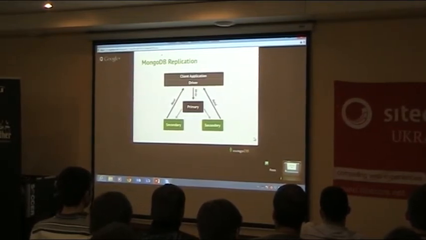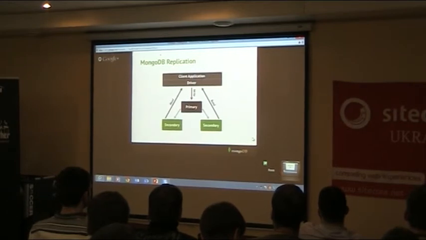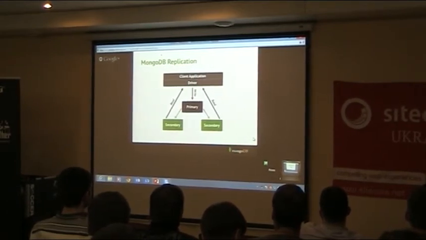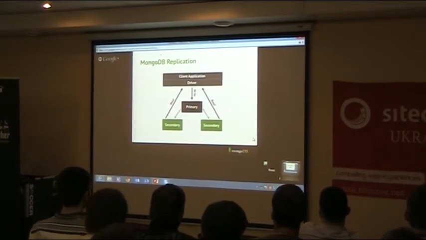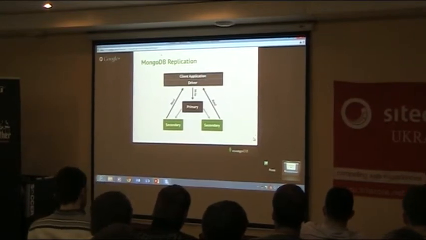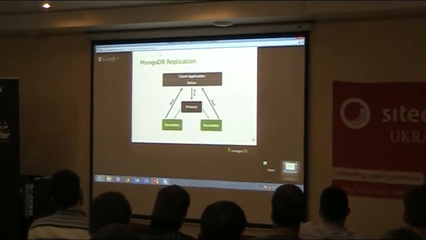But you can have secondary nodes that read data from the primary and apply those changes to themselves. So if for any reason the primary went down, there was a network blip, a hardware failure, whatever, then one of the secondaries will be able to become elected and become a primary. So you don't have to wake up the DBA and get them up in the middle of the night. It will automatically switch over to the most up-to-date secondary.